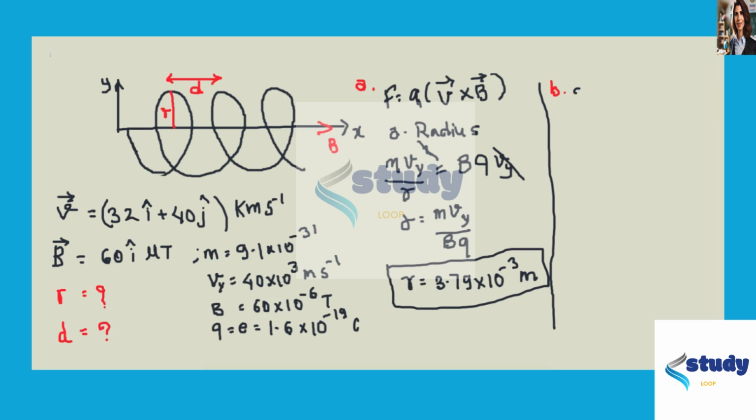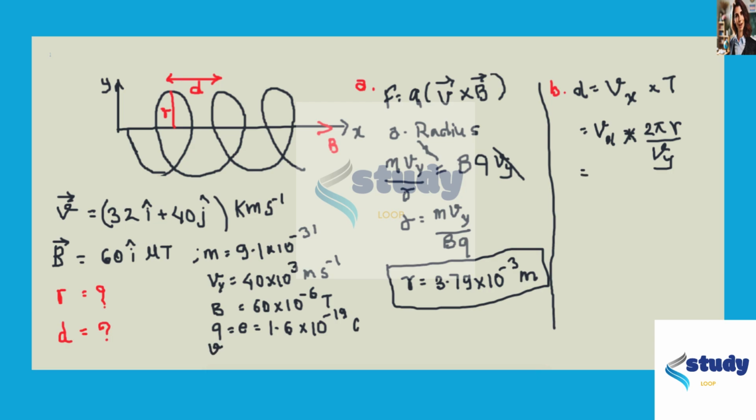So the distance d is equal to the velocity along the x-axis into the time period. Now the time period depends on the velocity along y. So the time period is equal to 2 pi r divided by vy.